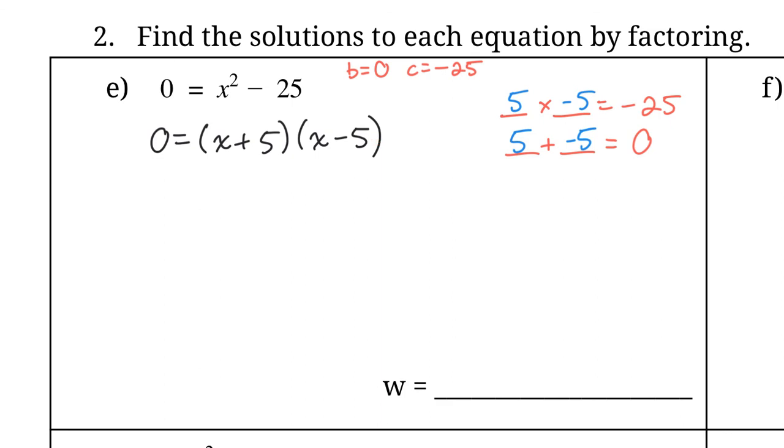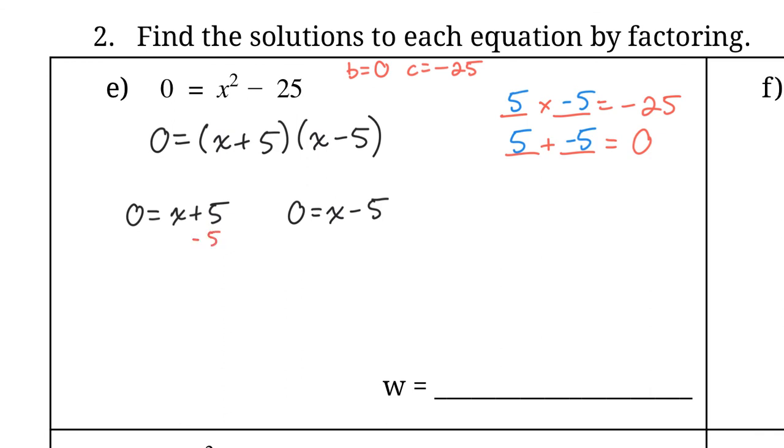And you may be able to just do this in your head and solve this right away, but if you need to, just separate this equation so that you have two smaller equations. So 0 is equal to x plus 5, and 0 is equal to x minus 5. So these are our two separate equations that we'll need to solve.